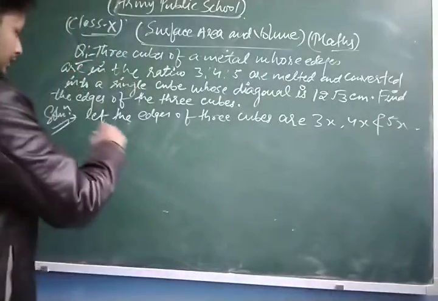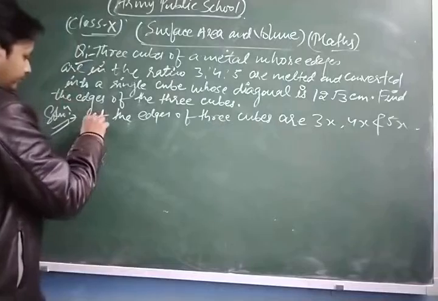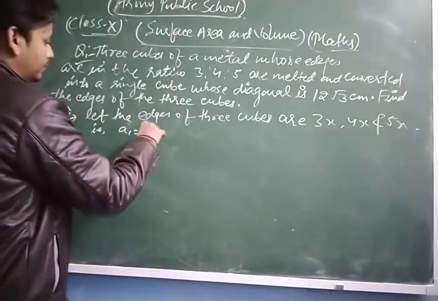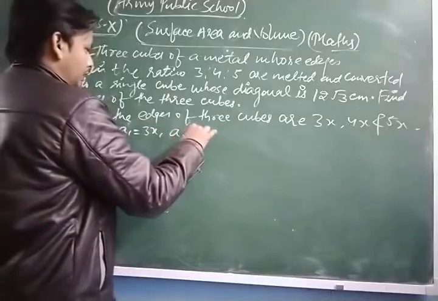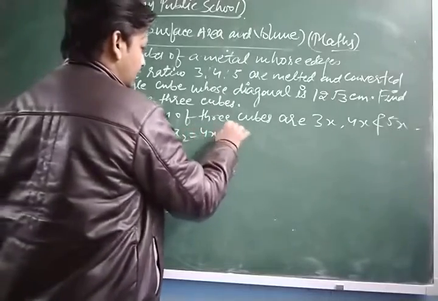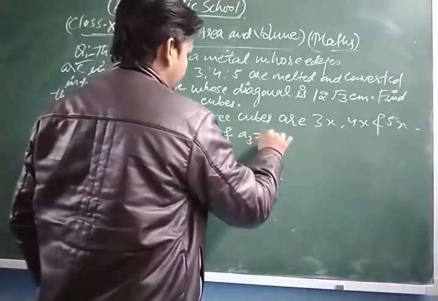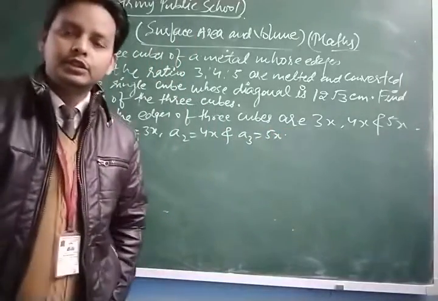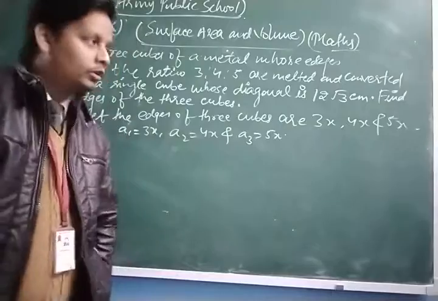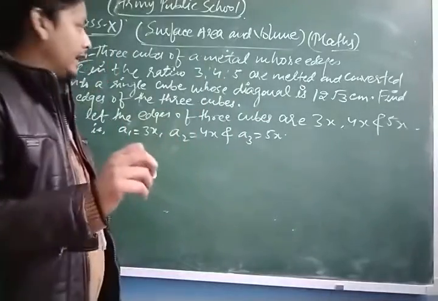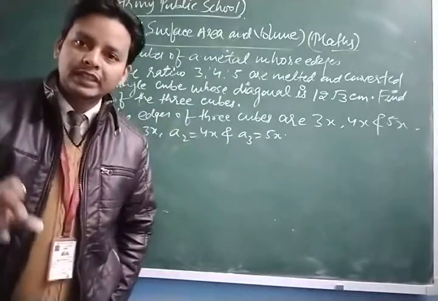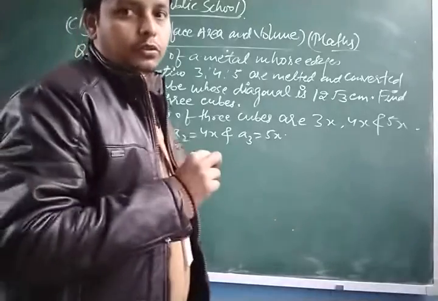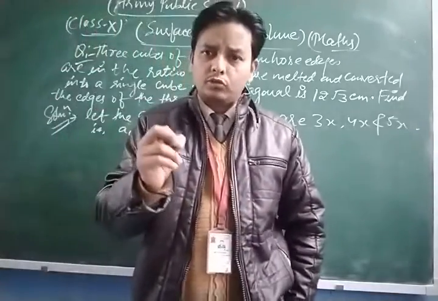That is, a1 is 3x, a2 is 4x and a3 is 5x respectively. Now look, here they are melted and converted into a single cube. So in that condition, the sum of the volumes of all 3 cubes is equal to the volume of the single cube.